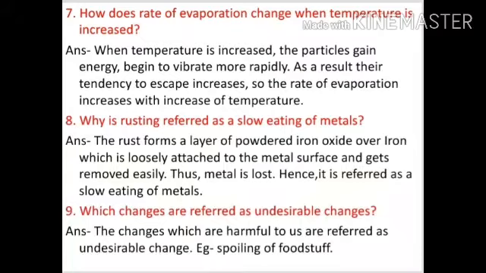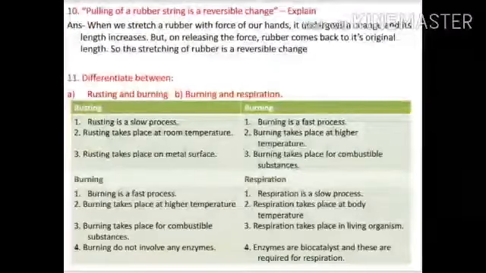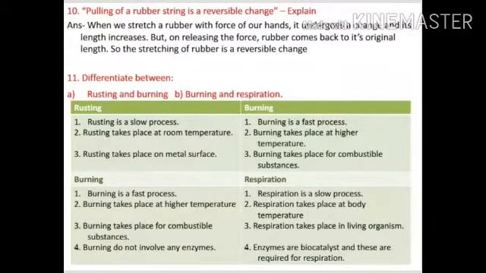Question number 9, which changes are referred to as undesirable changes? Answer, the changes which are harmful to us are referred to as undesirable changes. For example, spoiling of foodstuff. Question number 10, pulling of a rubber string is a reversible change.